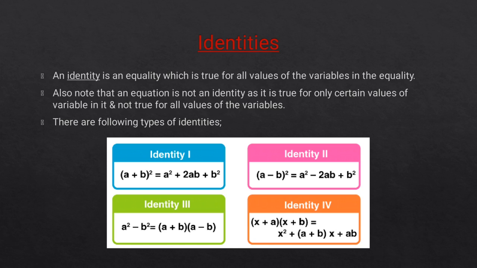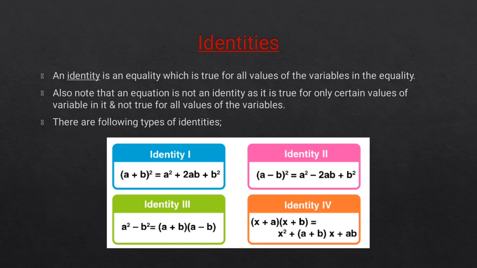Well, there are the following types of identities. Number 1. a plus b whole square is equal to a square plus 2ab plus b square. a minus b whole square is equal to a square minus 2ab plus b square. Also, a square minus b square is equal to a minus b into a plus b.